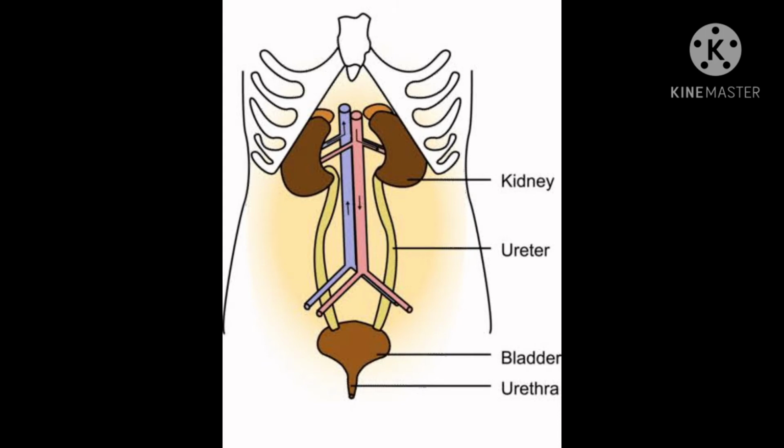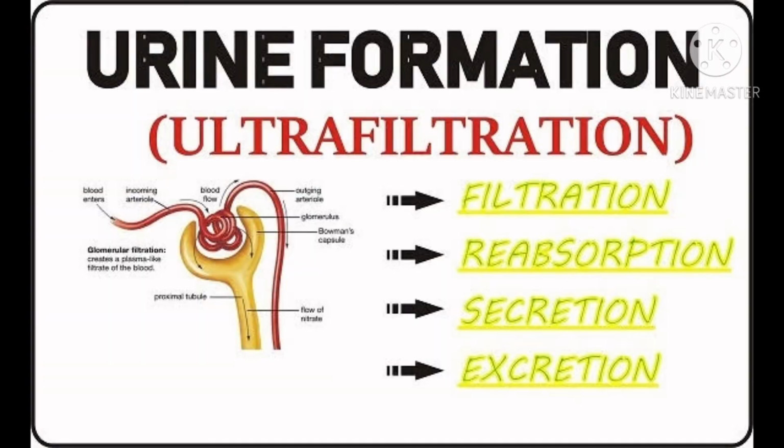Now our next topic is formation of urine. How is urine formed in our body? Children, whatever food we take in, it gets digested, and as it is digested, ammonia gas is formed in the small intestine. It is necessary to remove this gas since it is very harmful.